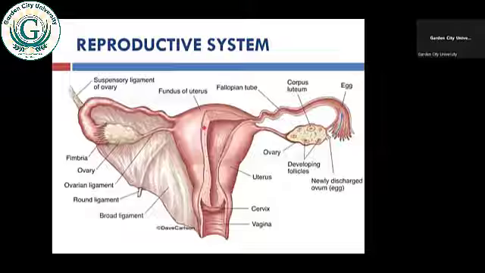We have the fundus of the uterus, the fallopian tube, and then we have the corpus luteum, the ovary, developing follicles, and then newly discharged ovum. We have the cervix, we have the vagina. We have the broad ligaments, the round ligaments, ovarian ligaments, the ovary, the fimbriae, and the suspensory ligaments of the ovary.